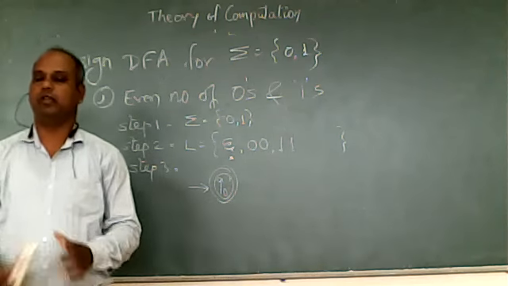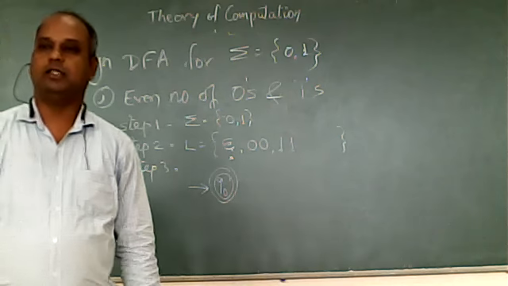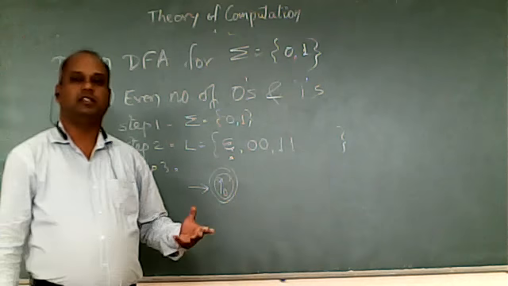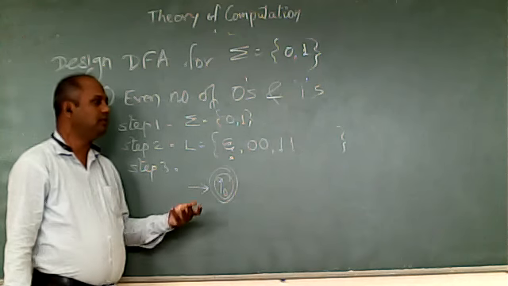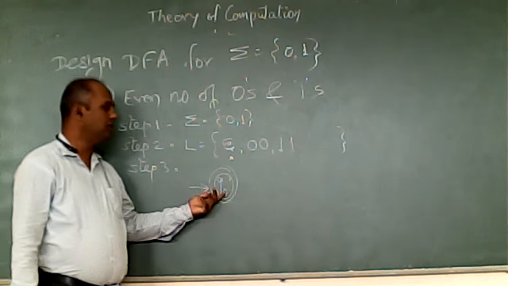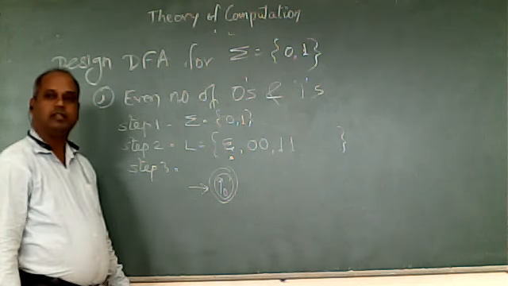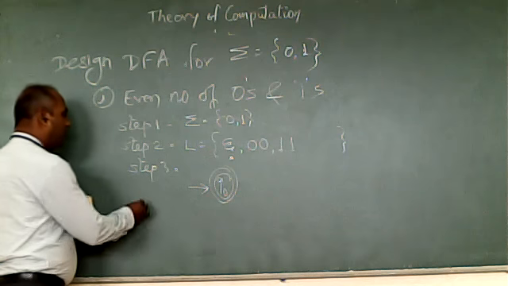This accepts epsilon. If we make the initial state a final state, it is a DFA which accepts epsilon and accepts nothing else. So epsilon is the valid string.